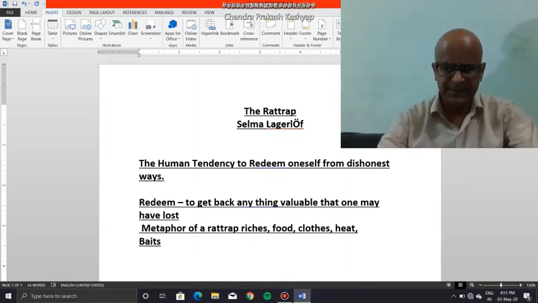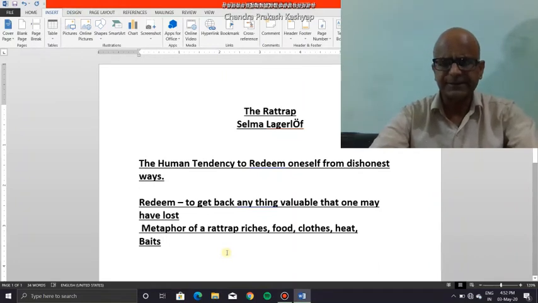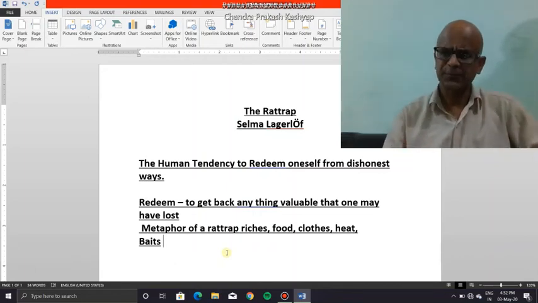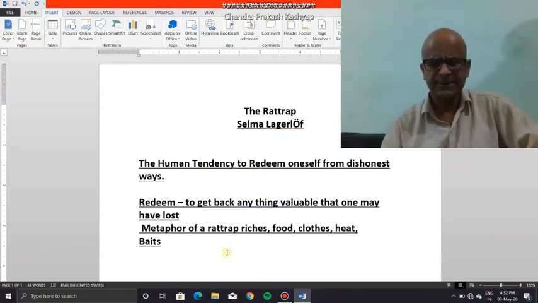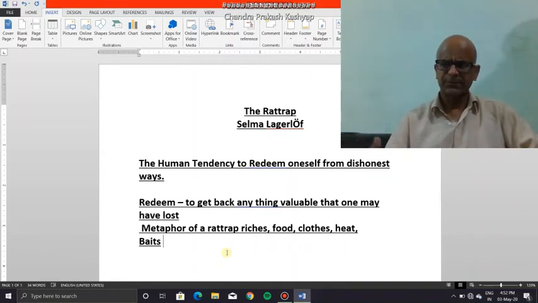So this metaphor has to be understood very clearly. This world is a very big rat trap, and just as a rat trap offers bait, anything edible for a rat, similarly there are so many baits or traps in this world, and what a trap would be for me or for anyone else would depend on where I or where others sit on the social hierarchy.